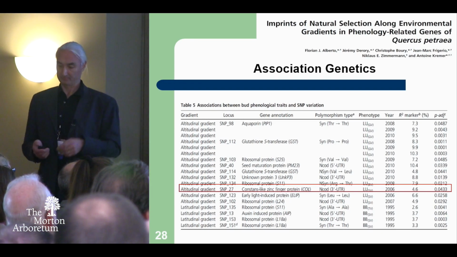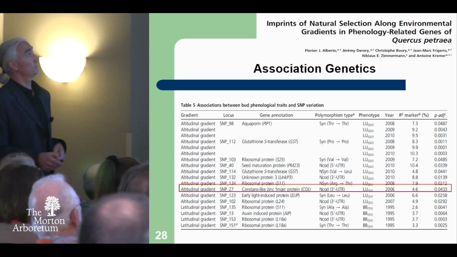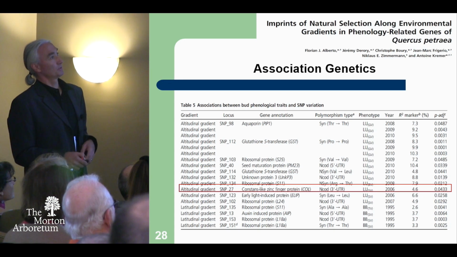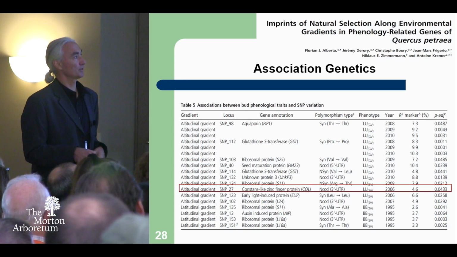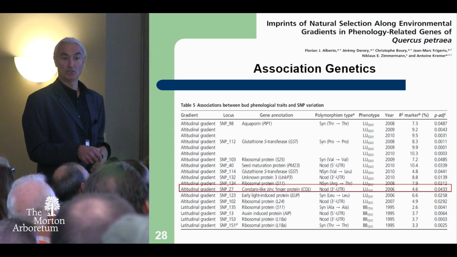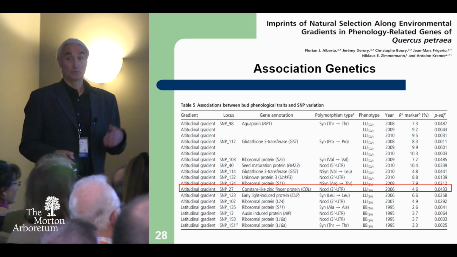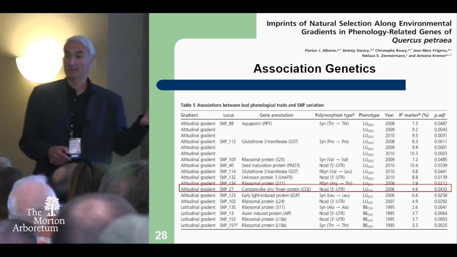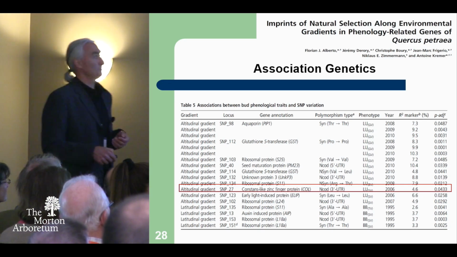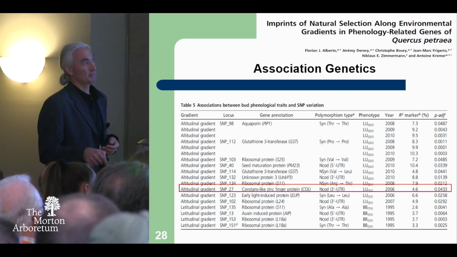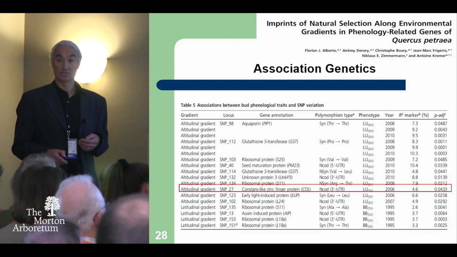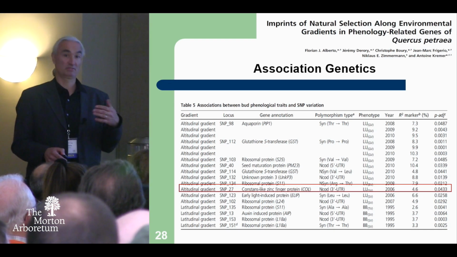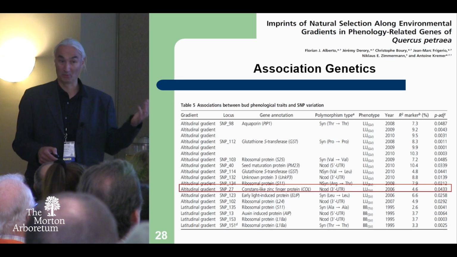Interestingly, the group in Pierrotin looked at the same constans-like gene and looked at SNP variation in that gene, and the same gene showed a weak but significant association with vegetative bud burst, which is an interesting result.